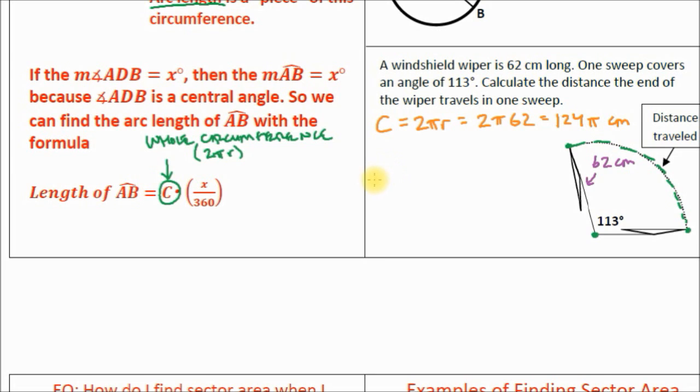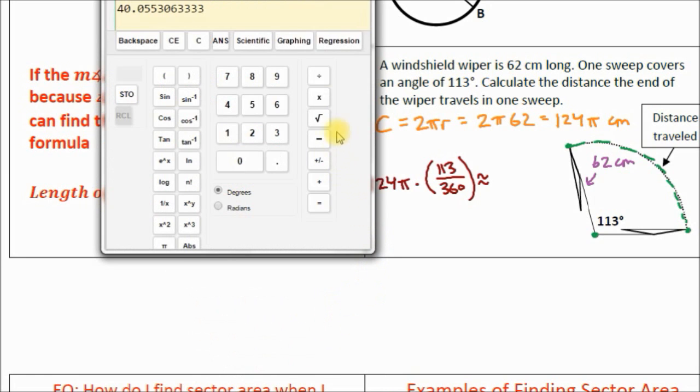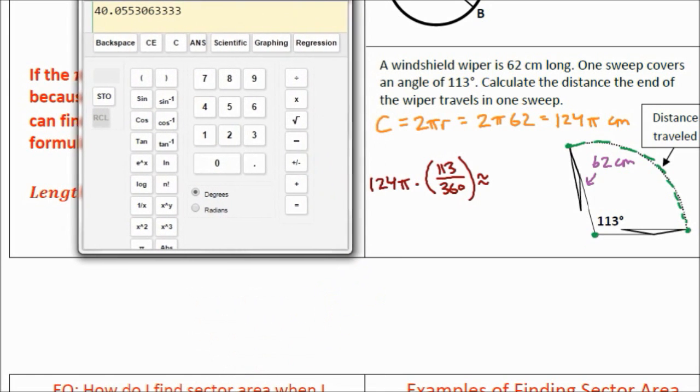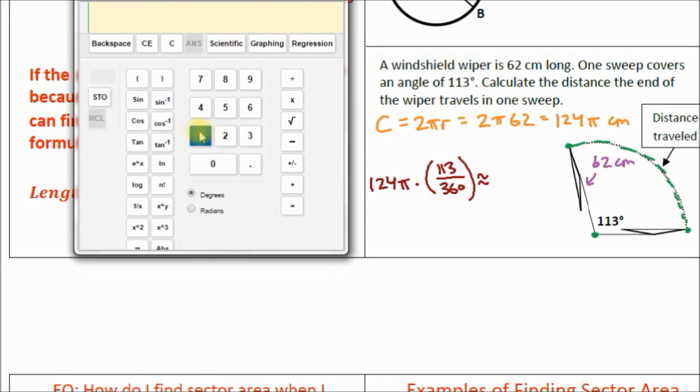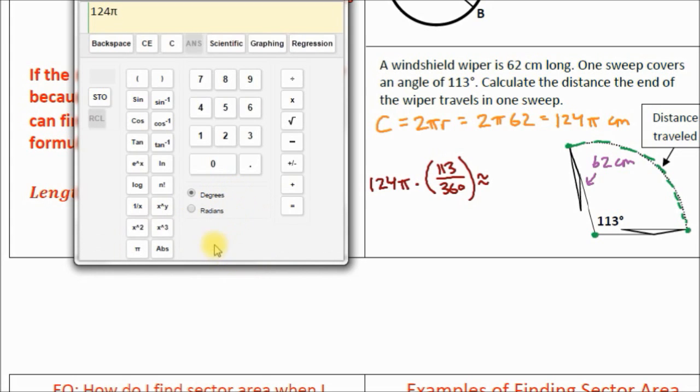So the next step is to take our entire circumference and multiply it times the fraction that we want. We want 113 degrees of movement over a total circle, which is 360 degrees. Let's put that in our calculator. We got 124 times pi times parenthesis 113 divided by 360, close parenthesis.